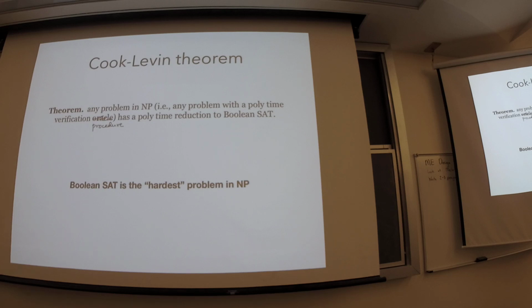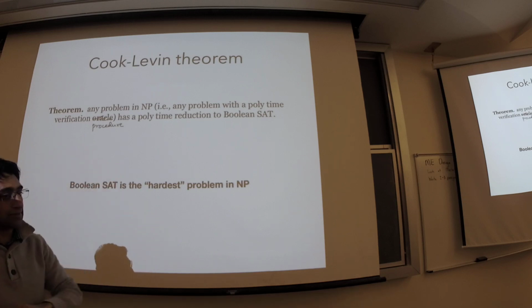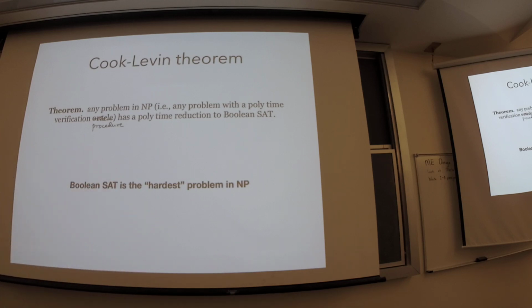What I'd like you to understand here is the statement of this theorem. Take any problem in NP. By the definition of NP, it has to have a verification procedure like we saw. So there is some algorithm that takes a witness and the instance, and produces yes or no. And any such problem has a polynomial time reduction to Boolean satisfiability. That's what this theorem is saying.